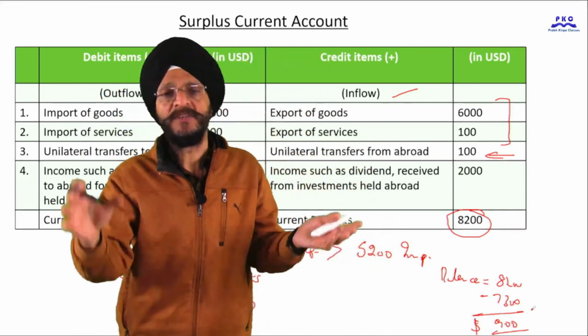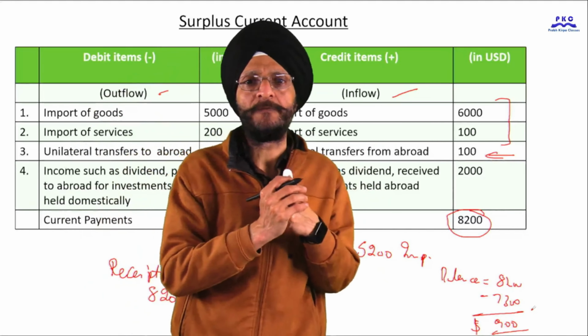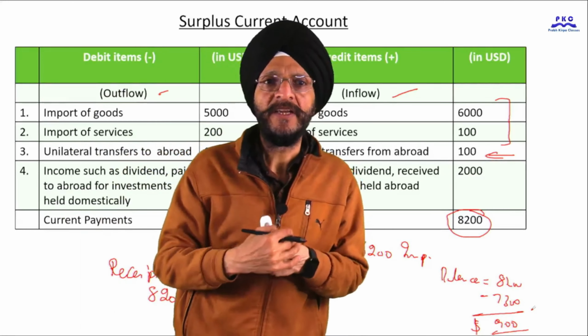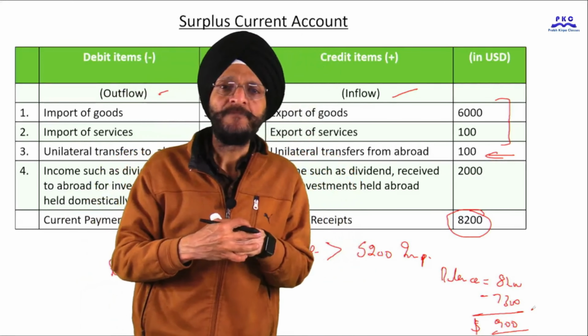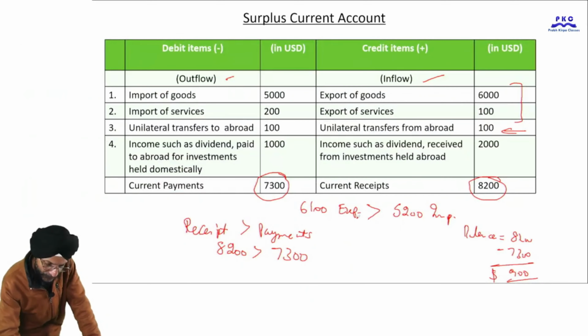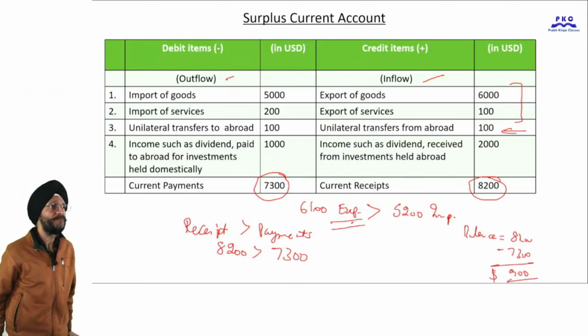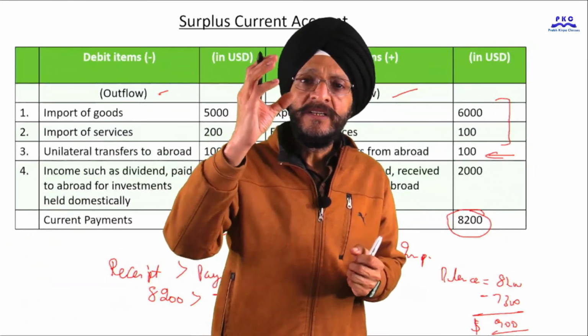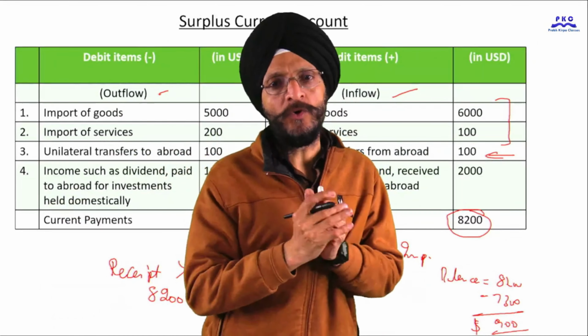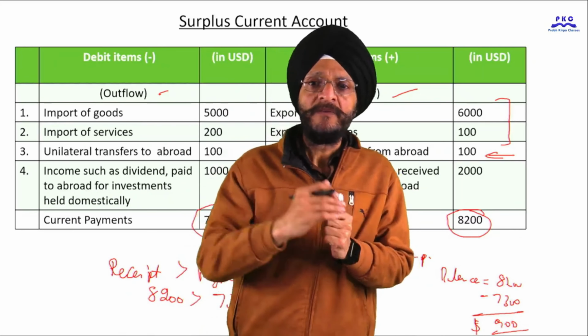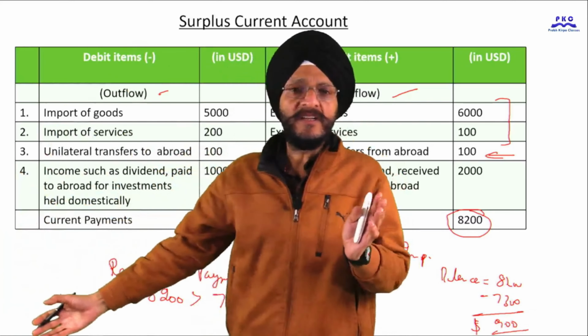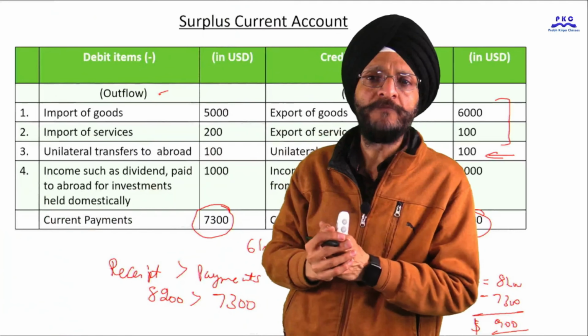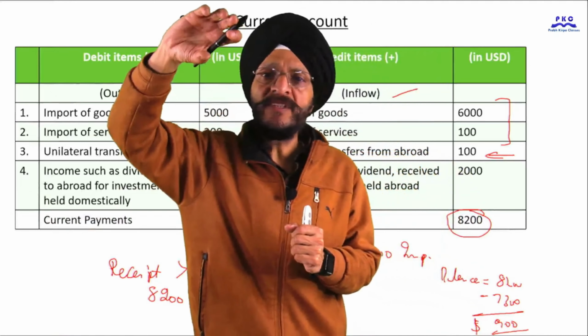What does this surplus current account indicate? It indicates that the country is a net exporter, because exports are more. It is a competitive economy, because when we do exports, there are other countries in the world also who may be exporting the same goods.